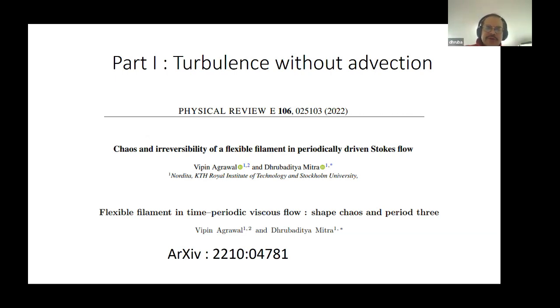So how can you have turbulence without the advective term, given that the advective term and the nonlinearity are the main reason for turbulence to exist? One possible way, or the only possible way, is to have some other nonlinear term in your equations. And I'm going to mention that in a moment. What I'm going to talk about in this part is described in the two following papers.